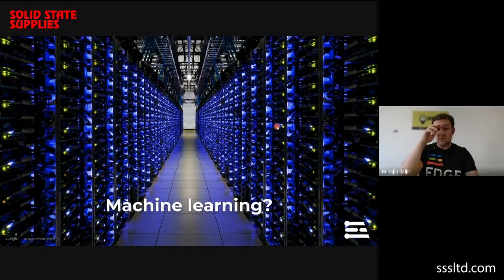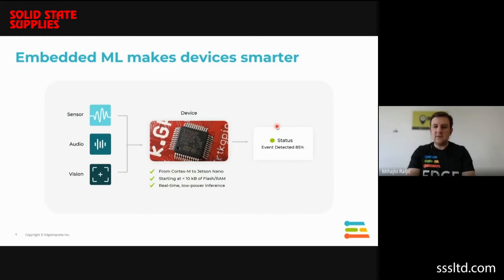That's a Google image of a data center, and that's pretty much how their hardware with TPUs looks for their semantic analytics. Now, as mentioned before, the reality of today looks already like this: on a microcontroller like this, we can process sensor data, audio data, and vision data.